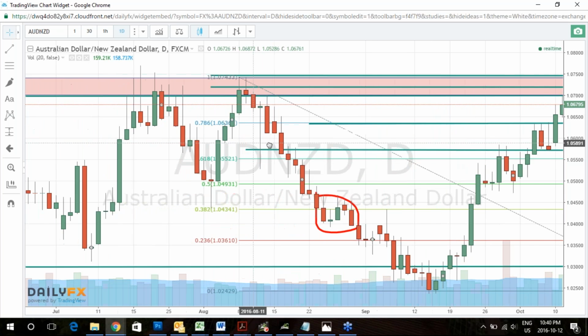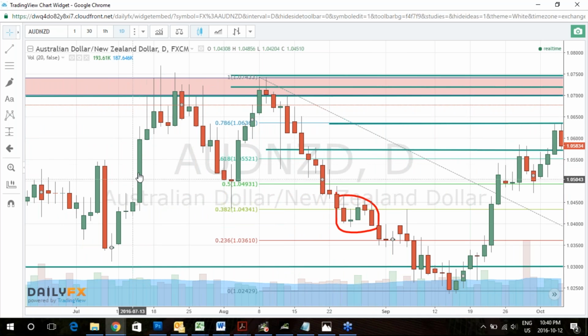Let's go in the past over here, right? We saw the price go up to this resistance zone, it got rejected, it came down all the way to the 0.5 retracement level. It was an uptrend, it retraced back down to the 0.5 level, and then it went back up again.